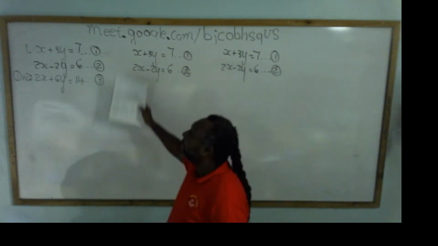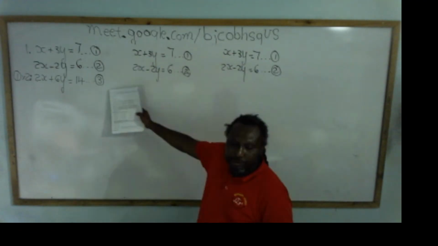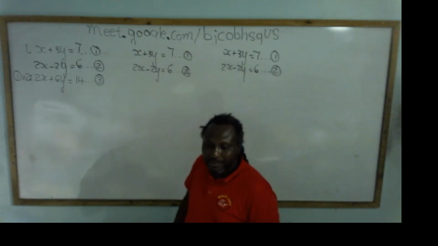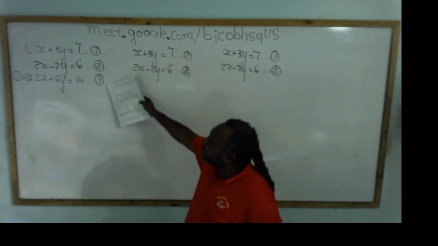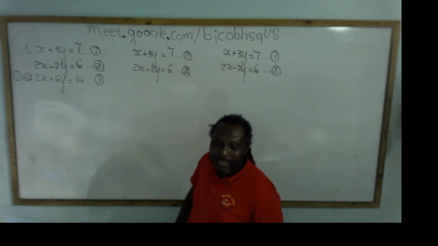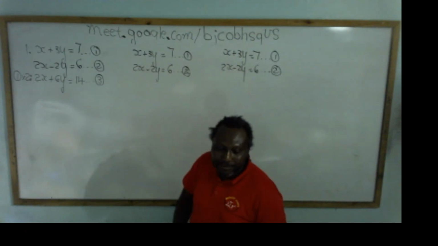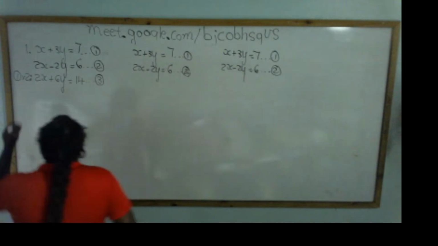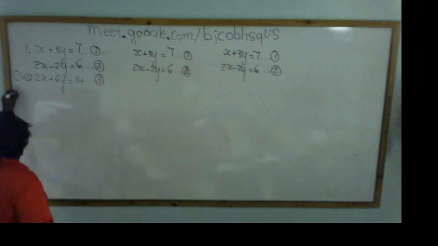So we may say equation 2 minus equation 3 or equation 3 minus equation 2. But realizing that equation 3 has the larger numbers, if we say 3 minus 2, we stand a chance of having more positive values in the equation. So let us say then, equation 3 minus equation 2.